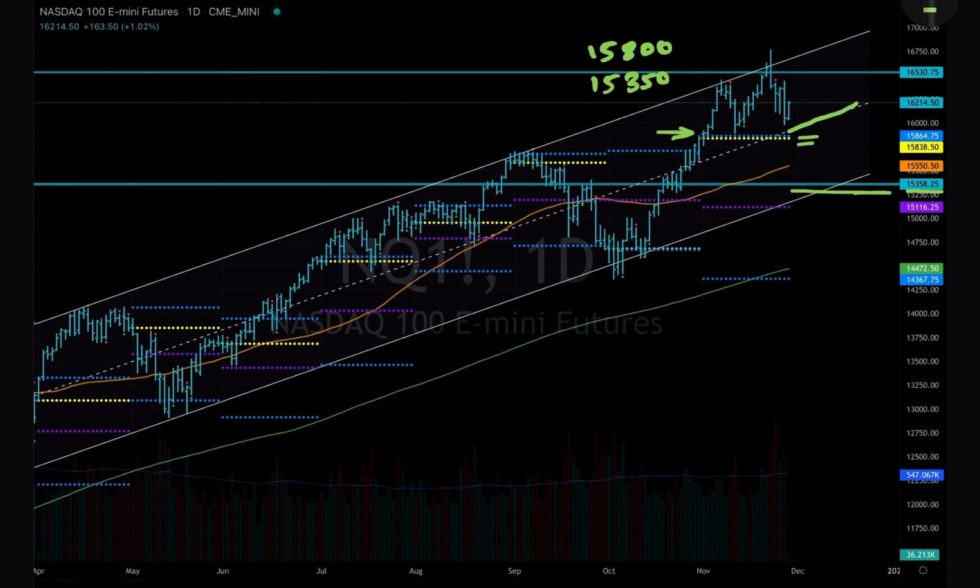So there are two possibilities in this market which could happen next week. One is the market can pull back up to this level, level 1. This is the level we are watching. If it is not offered, the market can reverse and go up to 16,000.